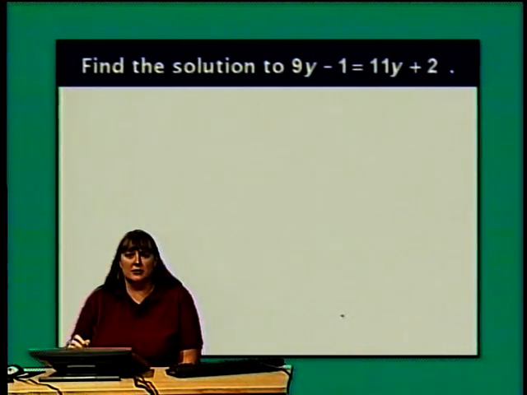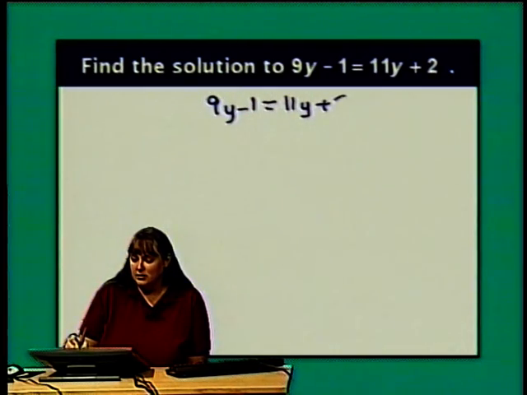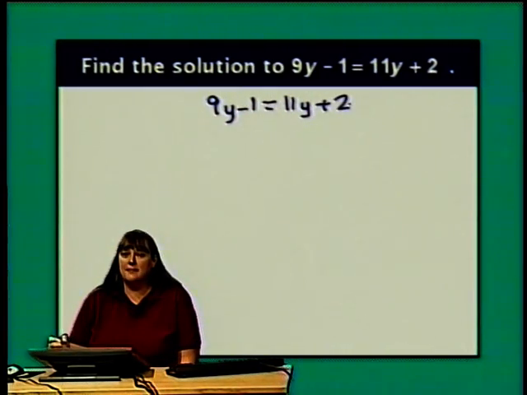Now let's find the solution to 9y minus 1 equals 11y plus 2. Since it doesn't matter what side I move my variable terms to, I get to make a choice here. Do I want to move my variables to the left and my constants to the right, or vice versa? I think I'll move my variable terms to the left-hand side of the equation.